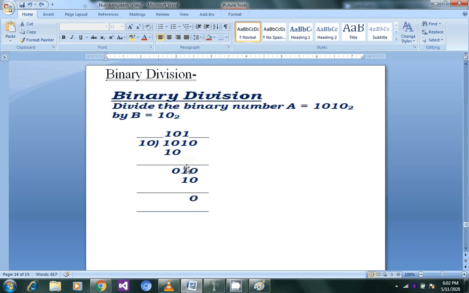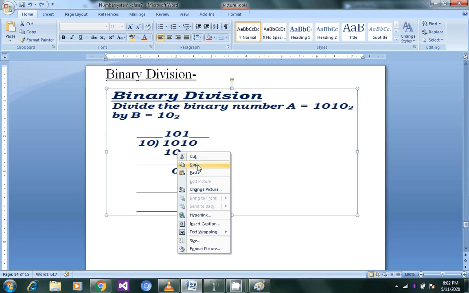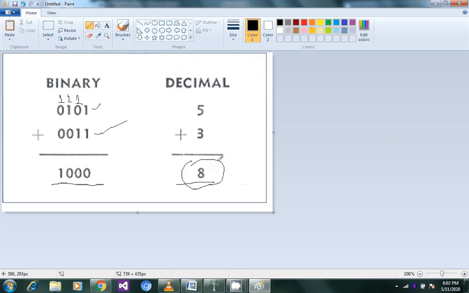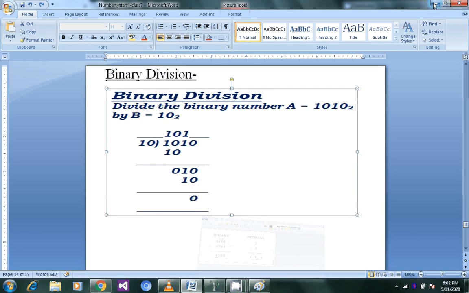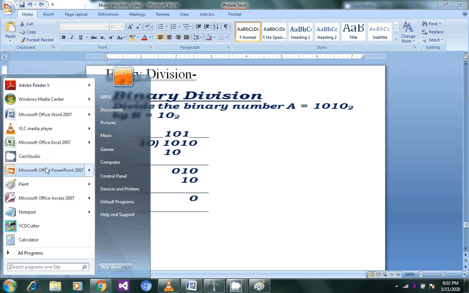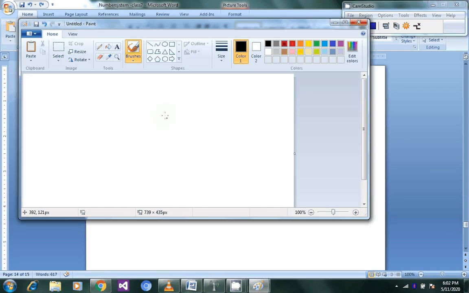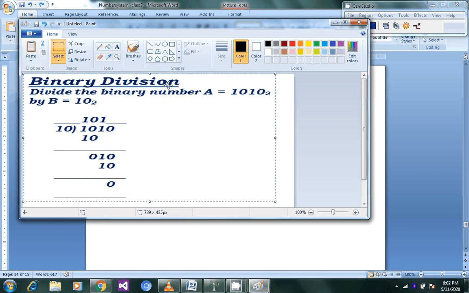All of you see this example in this figure.